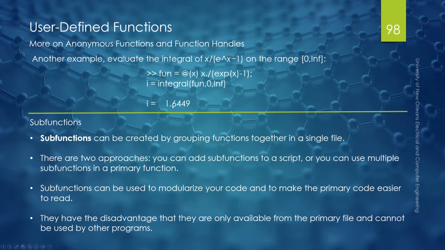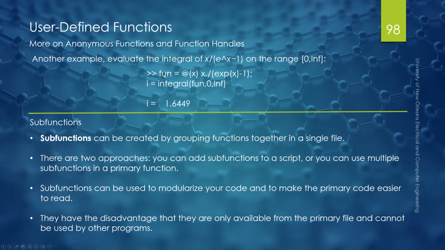Another example, we want to evaluate the integral of x over e to the x minus 1 over the range from 0 to infinity. And in MATLAB, if you write Inf like this, it represents positive infinity. It understands that means positive infinity.